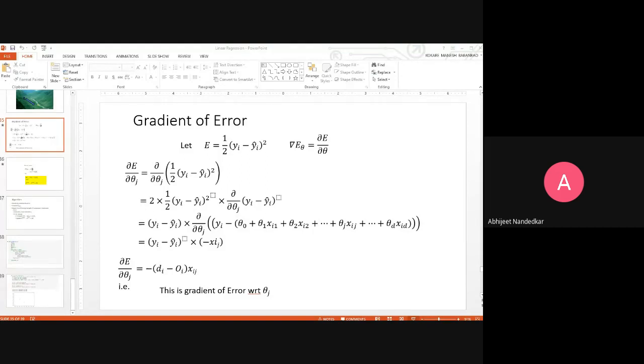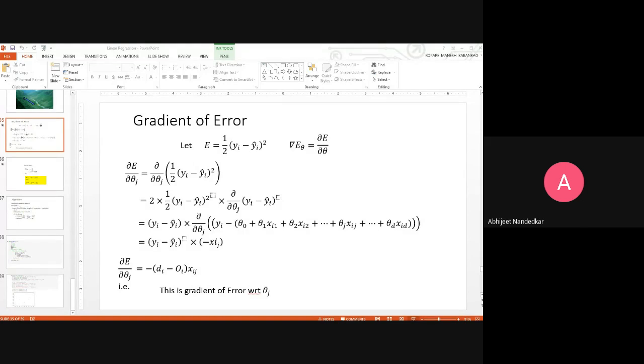Okay, so we will start. In previous classes, we have seen the regression model with only one variable. Our output y was of this form, some theta 0 plus theta 1 into x.